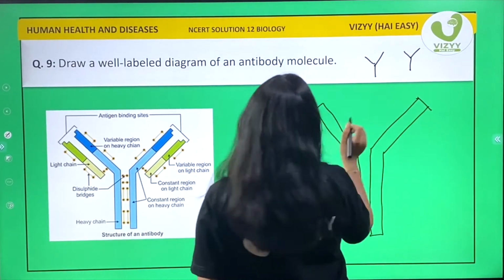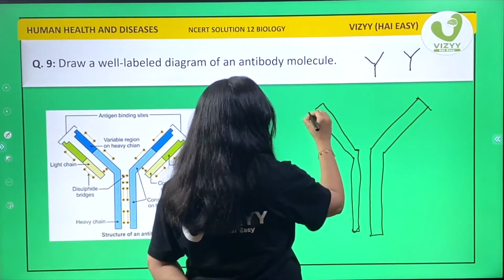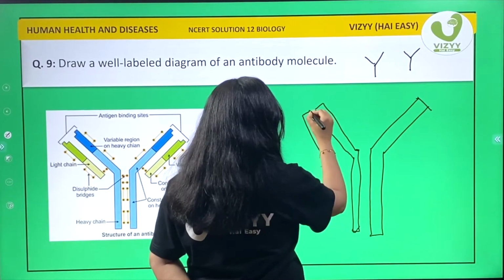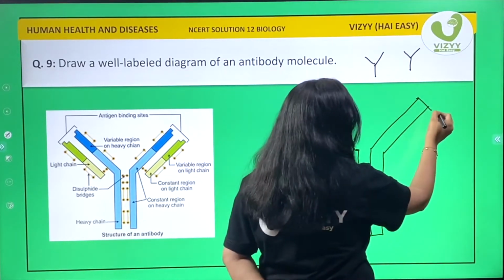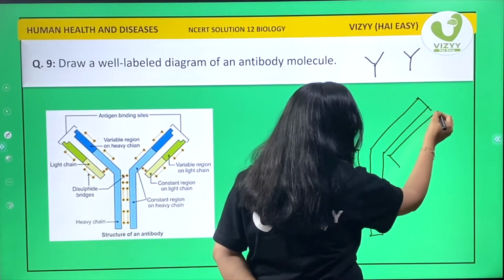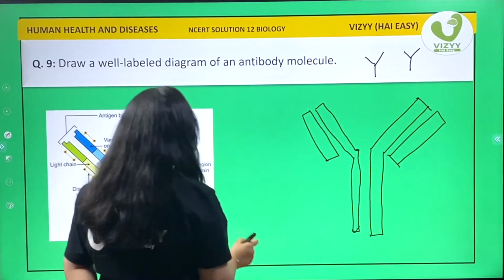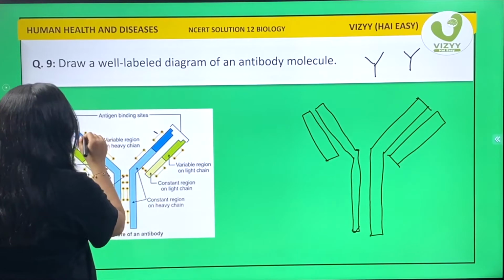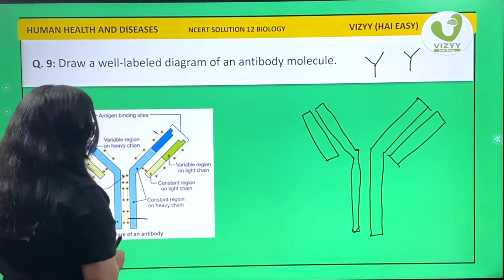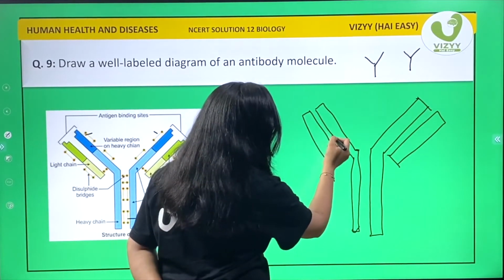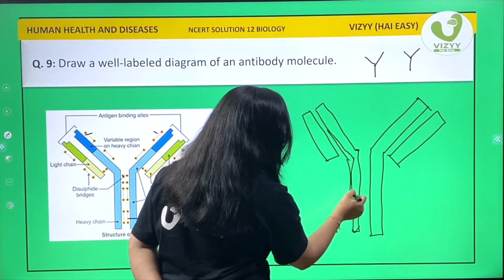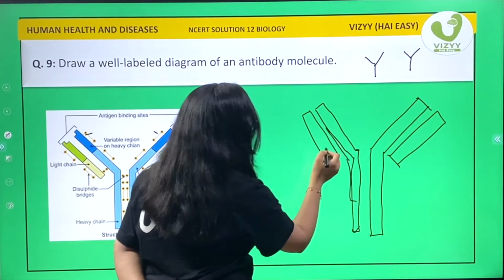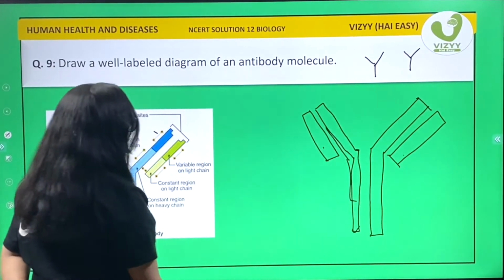So this is your heavy chain. This is your light chain. Okay. So insides are of heavy chain and outside is your light chain.